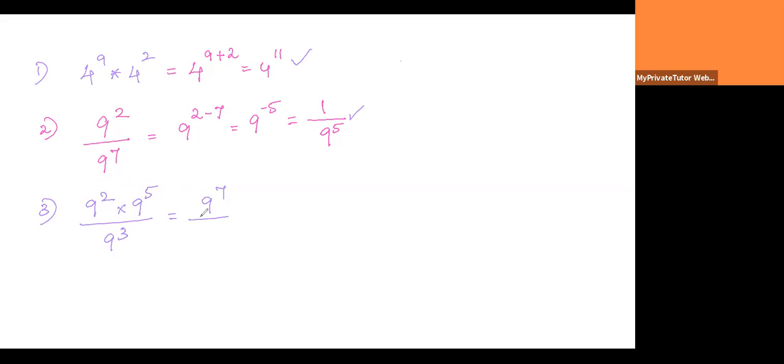So 9 power 7 divided by 9 power 3. Then use the division. 9 power 7 minus 3, which is 9 power 4. Hope you guys understand that.